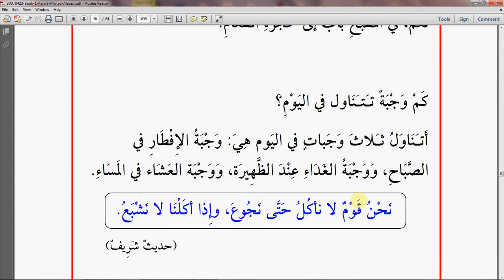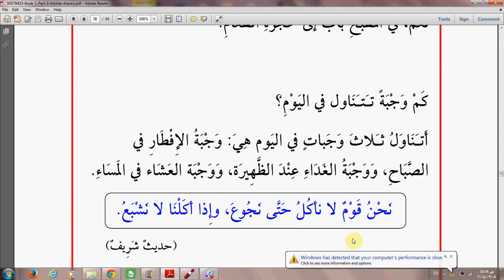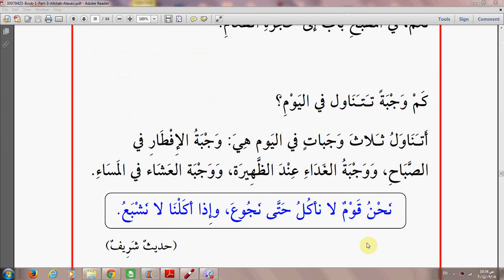It means in general that food is not our main concern. We are not living to eat. This is the brief explanation of this hadith. This means that we, as Muslims, are not people who are too concerned with food.